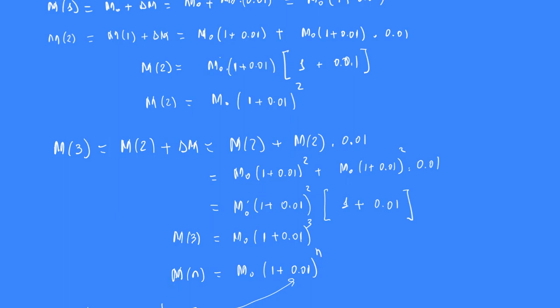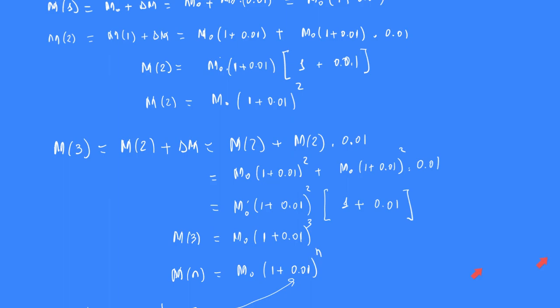After 10 months, M of 10 will be the initial money multiplied by (1 plus 0.01), since you are earning 1% per month, raised to the power 10.